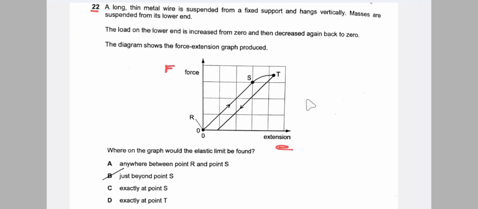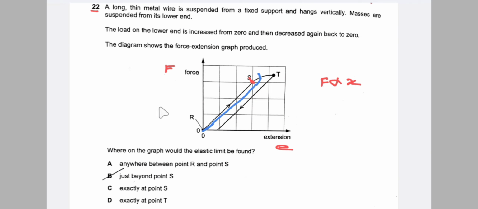For the force extension graph, we know that force is directly proportional to extension when the wire obeys Hooke's law. That is the limit of proportionality, where the graph starts to become non-linear. After the limit of proportionality there is a point, the elastic limit, and from the elastic limit the wire can return back to its original length.